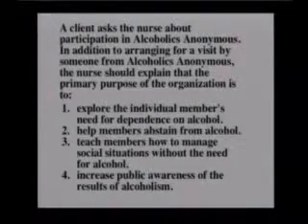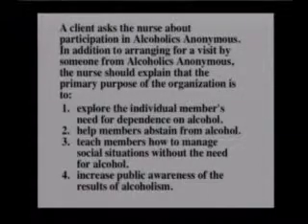Help members abstain from alcohol. 3. Teach members how to manage social situations without the need for alcohol. And 4. Increase the public awareness of the results of alcoholism. And the correct answer is number 2. The primary purpose is to help members abstain from alcohol.